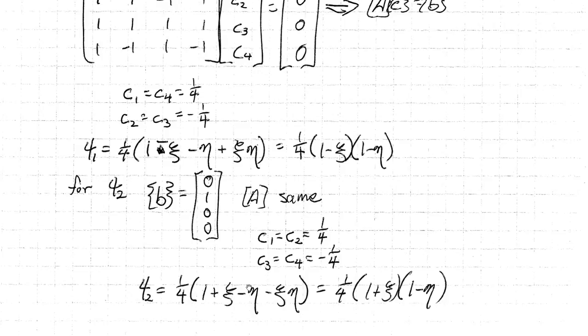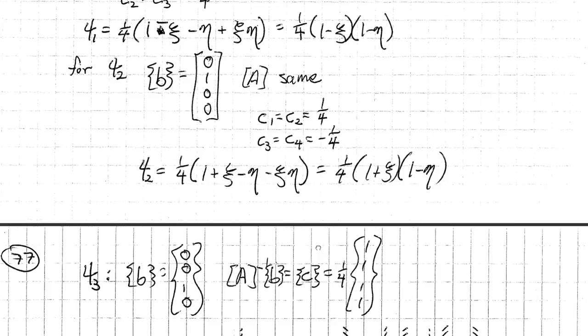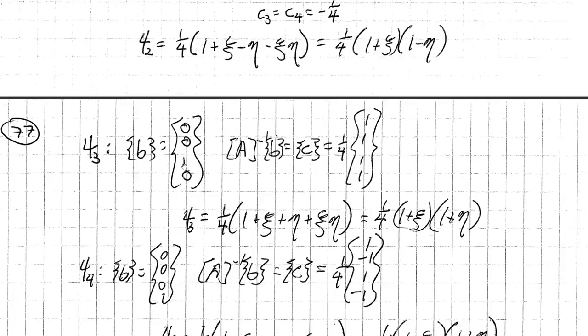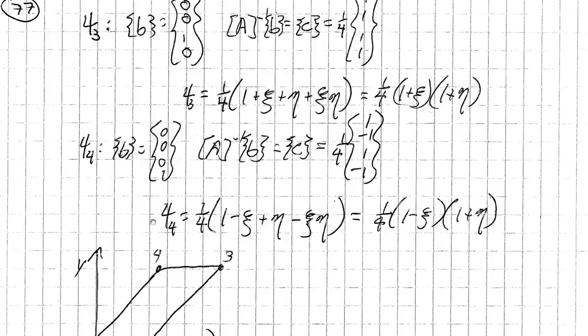Invert, you get this form. Do the same thing on psi 3, only difference is here's your 1, other 3 are 0. Psi 4, these are 0, bottom one, this is node 4, so that's going to be 1. So this gives you numerical values for all 4 of your interpolation functions.